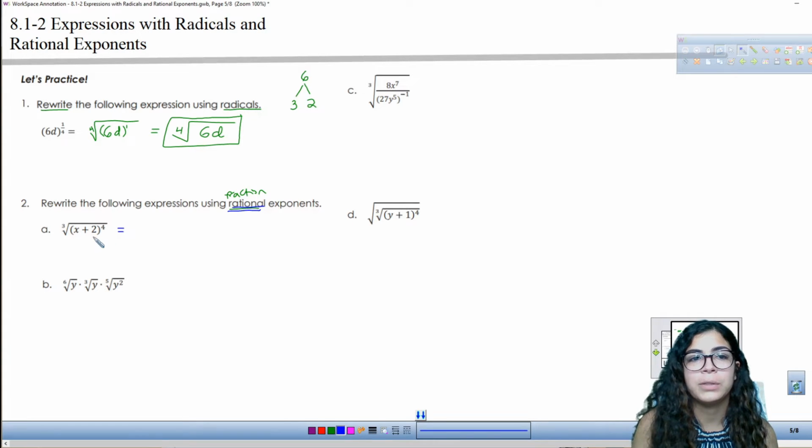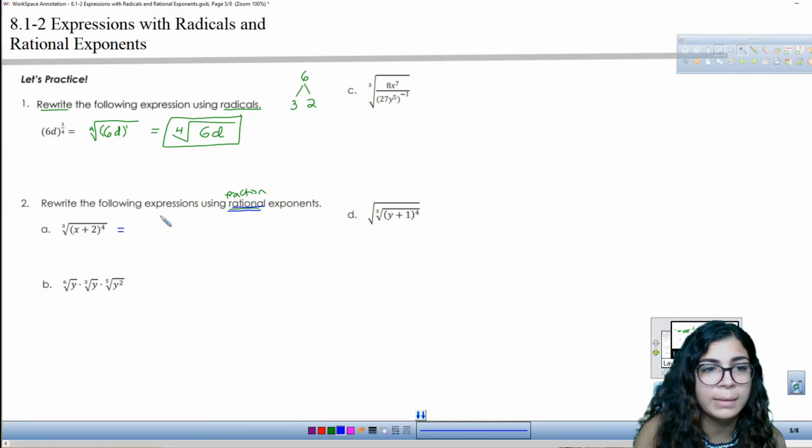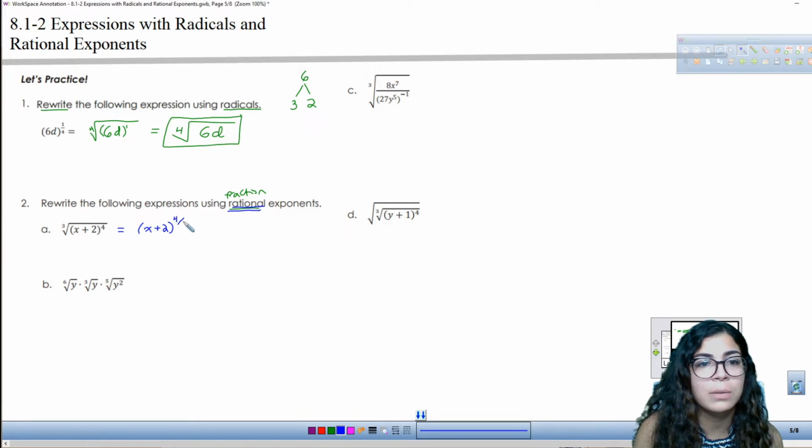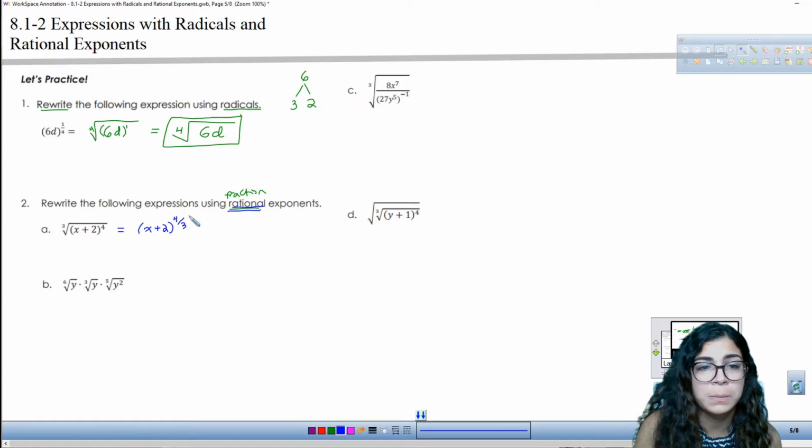This x plus 2 to the power of 4 would just be a really long polynomial, so I'm going to leave it like that. Then that whole thing in parentheses has a power of 4, and the index is 3, so the denominator will be 3.